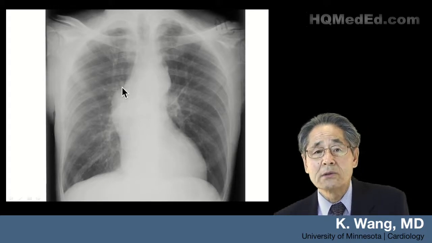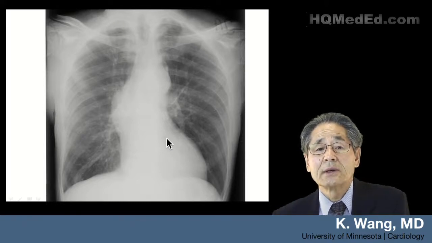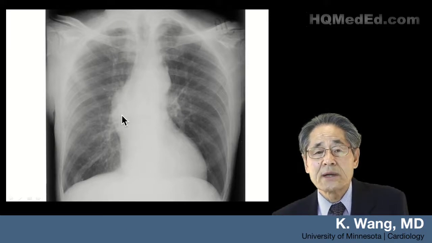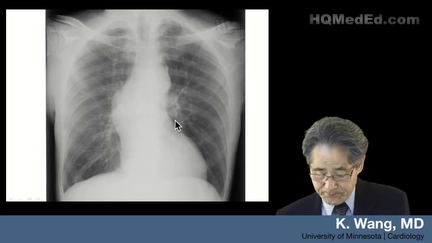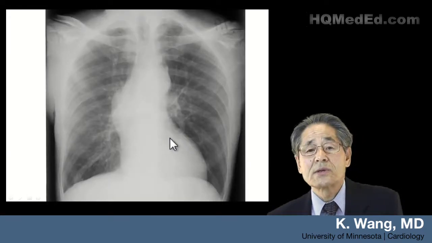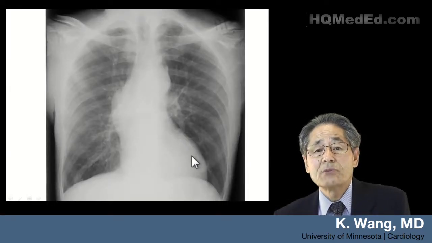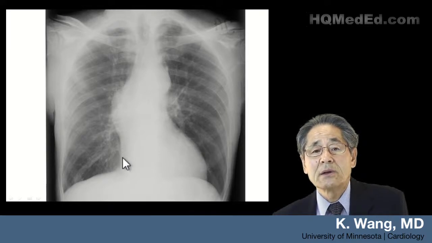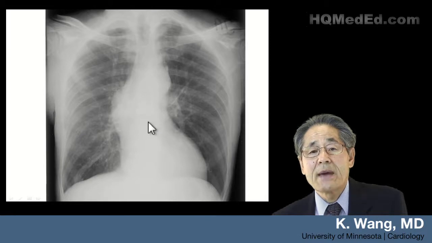What's this bulge? This is an ascending aorta bulging out in a patient with aortic valvular stenosis. So we'll call this a post-stenotic dilation of the ascending aorta. In aortic stenosis, the ventricle may be thick, but if it is not dilated, the ventricular size may not be enlarged.